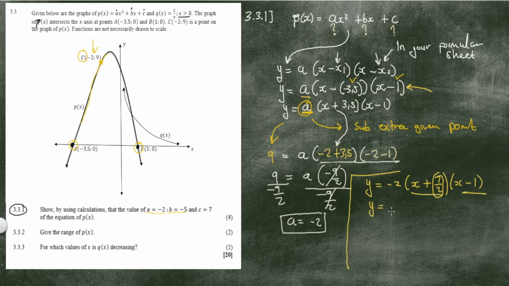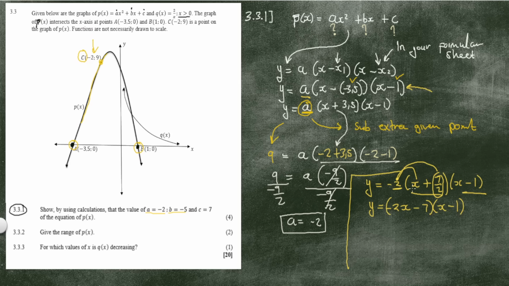Now we multiply these two brackets. I took the 2 and multiplied it into the first bracket: y equals minus 2x plus minus 7 in bracket x minus 1.